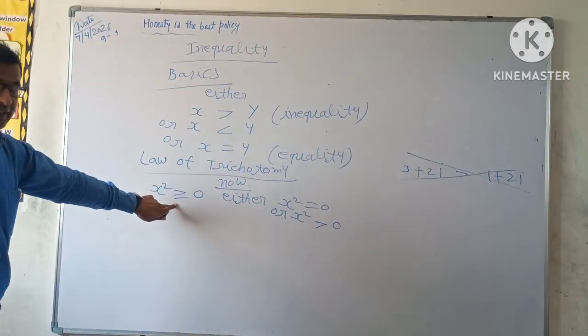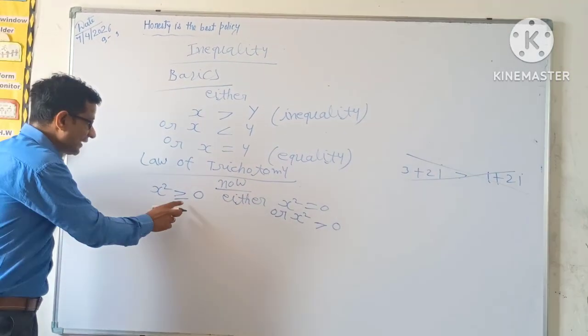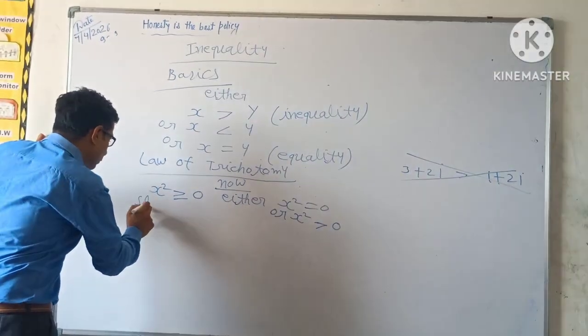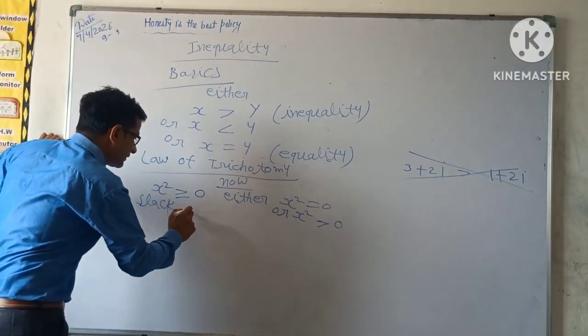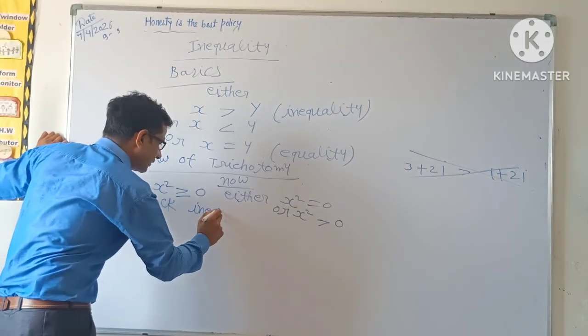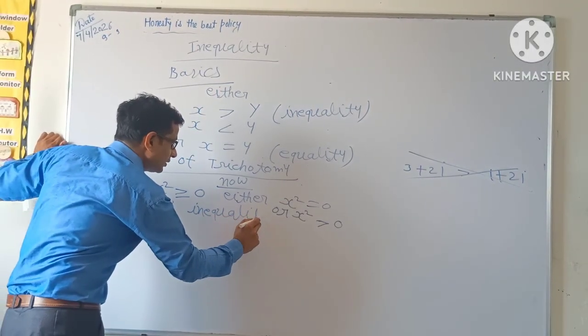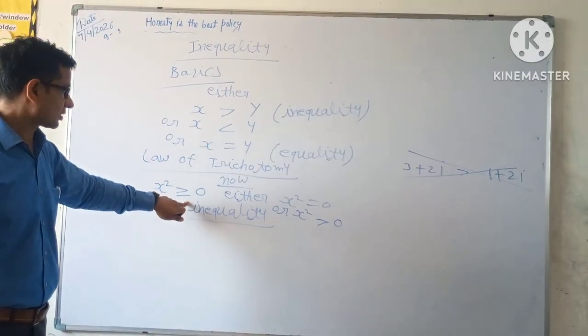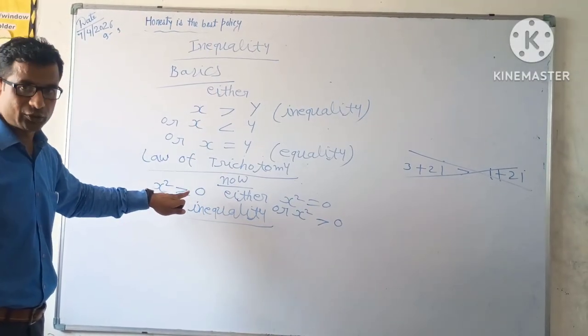Such a type of inequality, where there is also an equality sign, is called a slack inequality, where both the inequality symbol and the equality symbol are there.